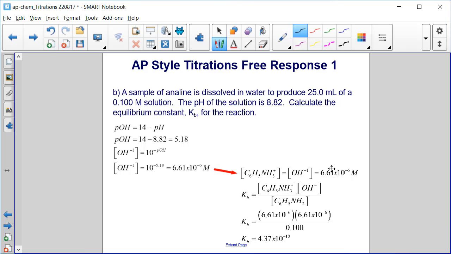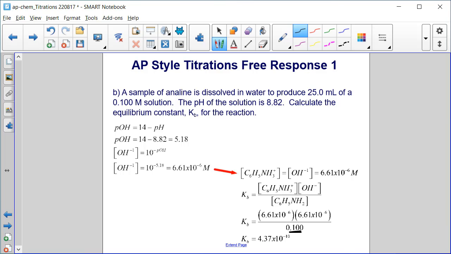Well, the hydroxide ion concentration and the conjugate acid of the aniline base are the same, and so I can substitute that into my Kb expression for the concentration of the acid, the concentration of hydroxide, over the initial concentration of the base, which was given as 0.100, and then calculate the Kb.